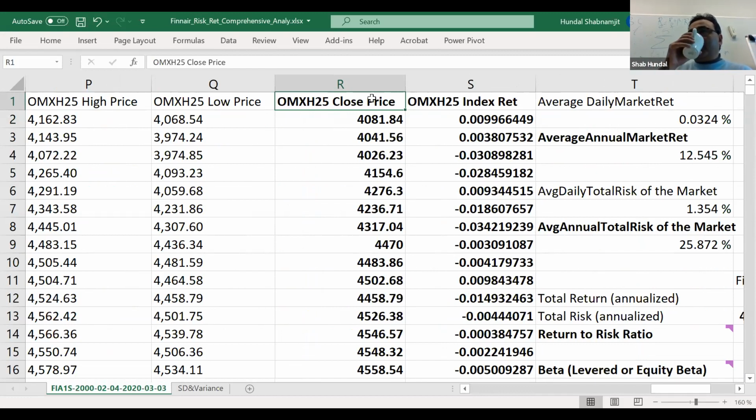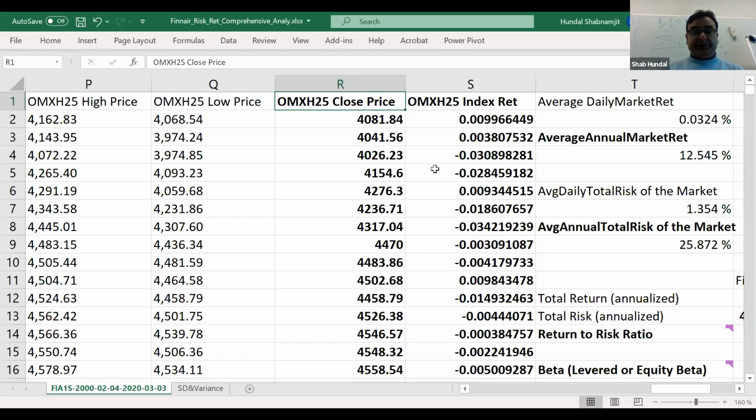So we assume that FinAir return is a function of the market return. And market in this case is the OMXH Helsinki 25 index.